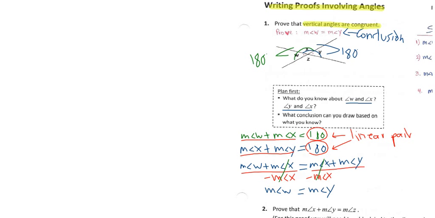And of course, we need to talk about the reasons why we have this. That was because we use the transitive property. And here it's because we use subtraction, or the subtraction property of equality.